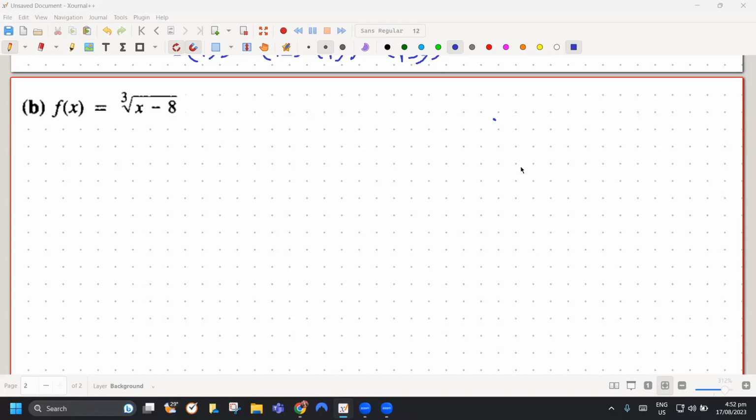Okay. So, pakituloy. So, y equals cube root of x minus 8.